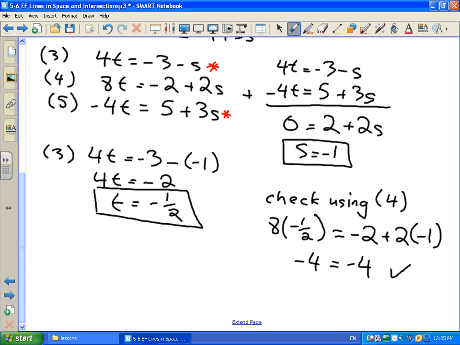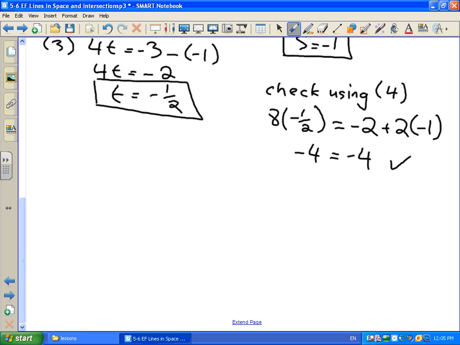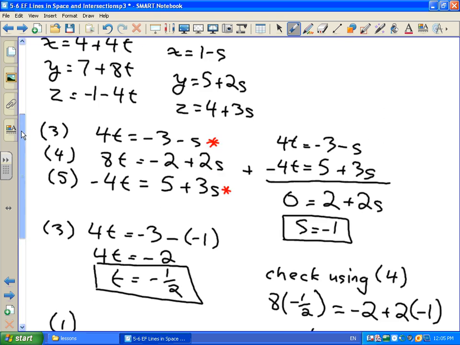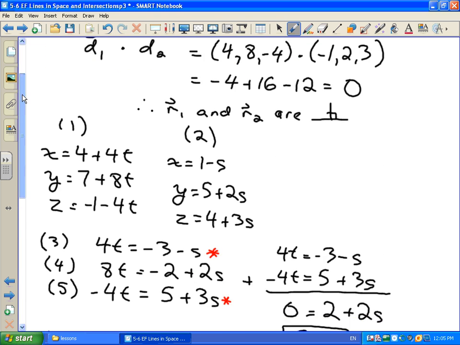So we've got our values of s and t. We just need to change these into x, y, and z. We just take either s or t, sub them into one of our original parametric equations, and that's going to give us our point of intersection. I'm going to use equation 1 here, and I need to use my value of t.